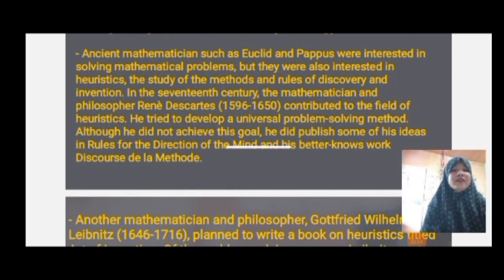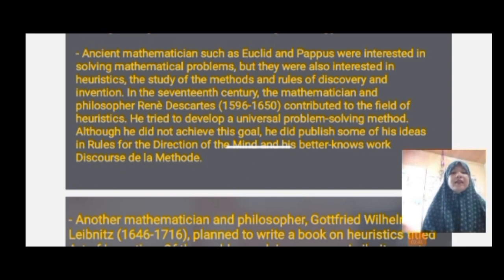Ancient mathematicians such as Euclid and Pappus were interested in solving mathematical problems, but they were also interested in heuristics, the study of the methods and rules of discovery and invention. In the 17th century, the mathematician and philosopher René Descartes, 1596 to 1650, contributed to the field of heuristics.